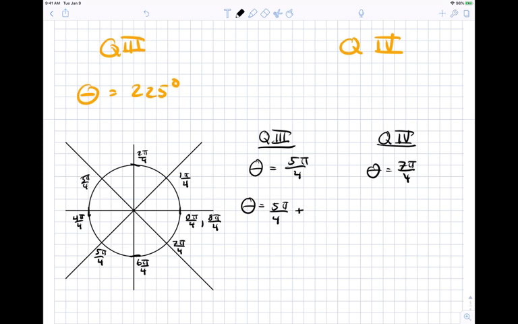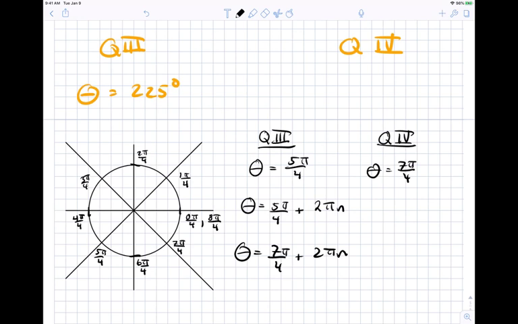So we're going to say plus 2 pi n, integer multiples. And the other one is theta equals 7 pi over 4 plus 2 pi n. I just added multiples of 360, right?